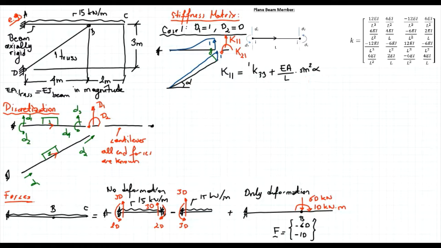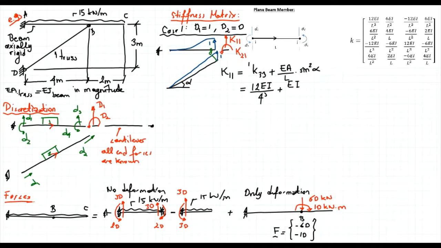So if we put the values in their places, K33 is equal to 12 EI over 4 cubed, plus EA over L. We said that EA truss is equal to EI beam, so I just write EI here.